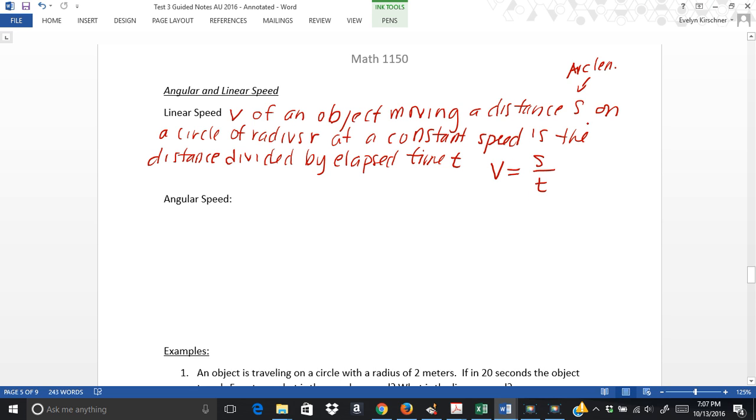But now we want to know that this distance s, which we typically call a distance s, has to do with the arc length. Now, angular speed is omega. It kind of looks like a W, but it's an omega.